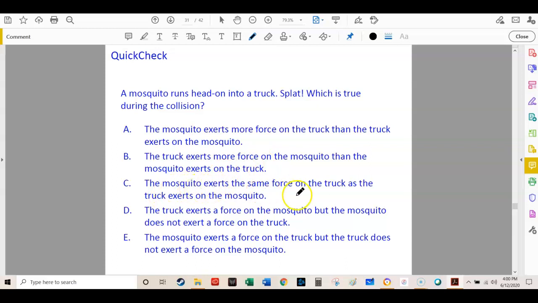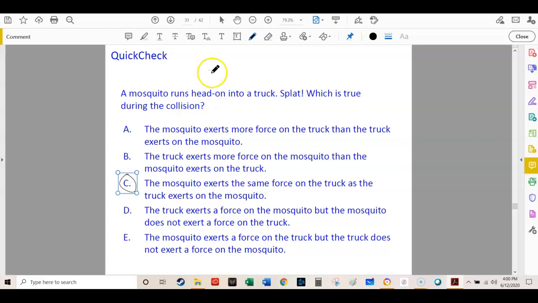C, they exert the same force. D, the truck exerts a force on the mosquito, but the mosquito does not exert a force on the truck. And E, the mosquito exerts a force, but the truck does not. So which do you choose? A, B, C, or D? Well, the answer is C, right?